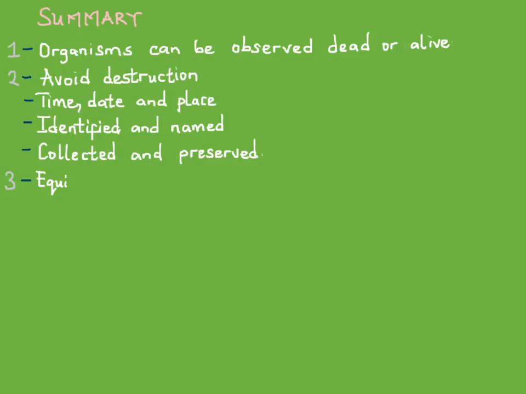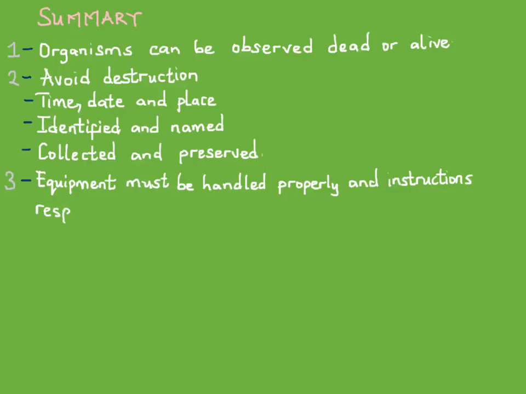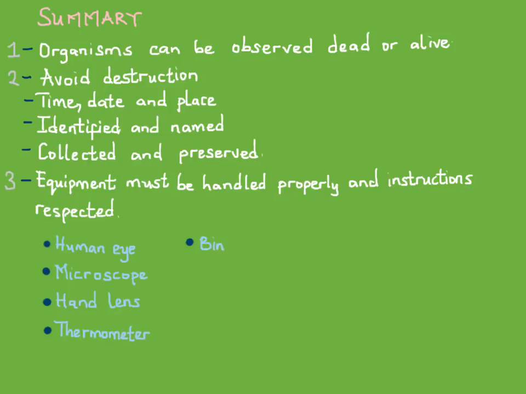Equipment must be handled properly and instructions respected. Some equipment used for observation include the human senses, a microscope, a hand lens, a thermometer, binoculars, preservation fluids, and Petri dishes.